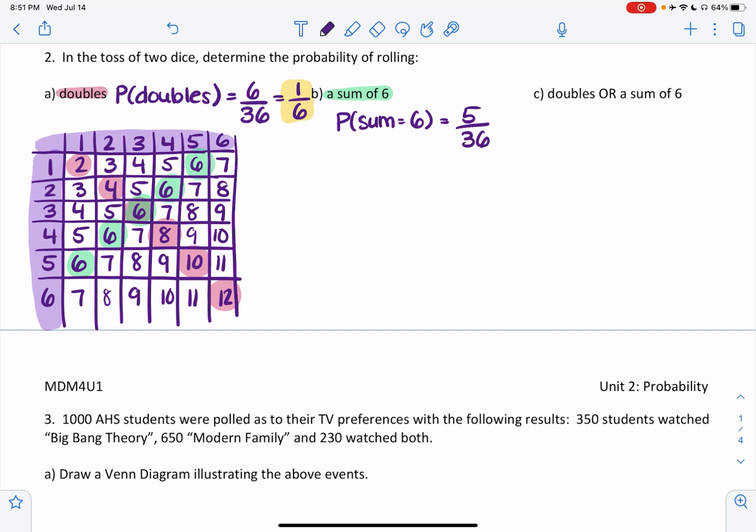So for C, we're being asked to find the probability of doubles or a sum of 6. So this word or is telling us we need to determine, are these mutually exclusive? No, these are non-mutually exclusive. I'll show you why.